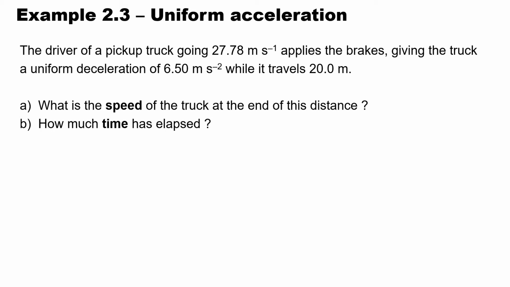Now, example 2.3. The driver of a pickup truck going at initial velocity 27.78 meters per second applies the brake, giving the truck a uniform deceleration of 6.5 meters per second squared. The sign is negative because of deceleration.